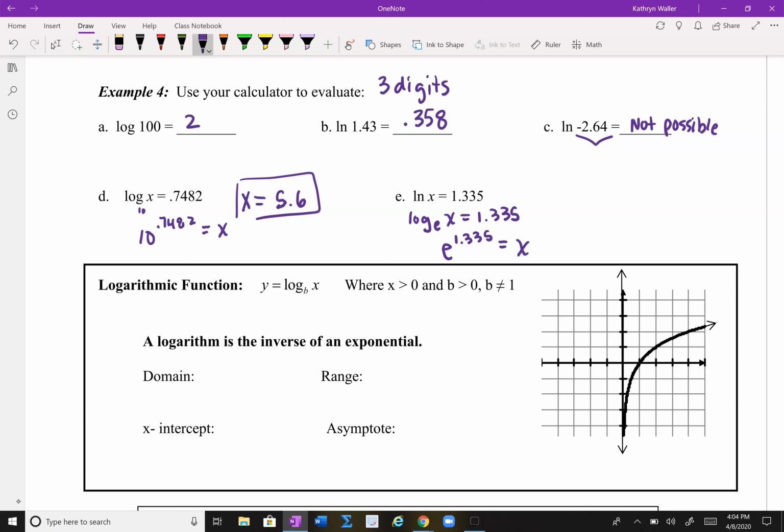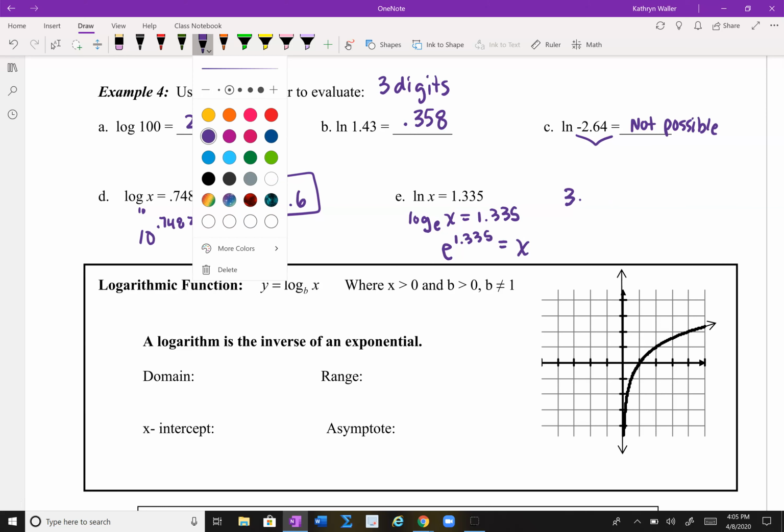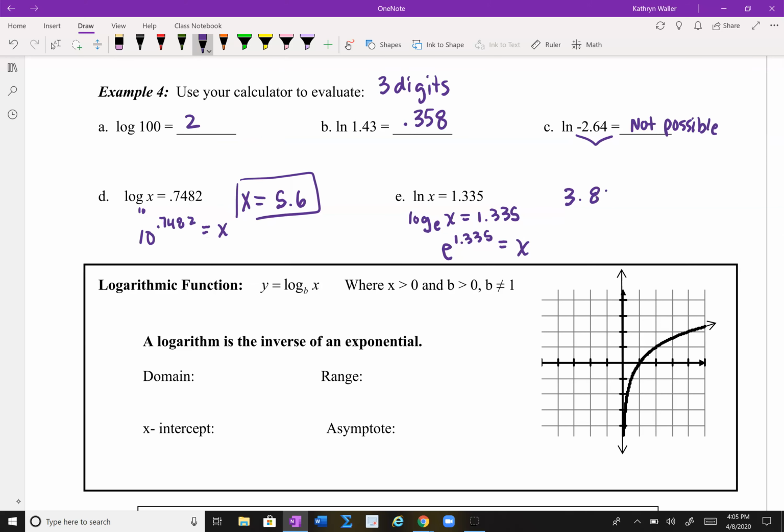And then you grab your calculator and you go second ln 1.335, hit enter, 3 digits, 3.7999. So that 9 tells you to go up. So the 799 goes to 800. So it's really 800, but we already talked about the fact that those zeros aren't necessary. Put them or don't, it doesn't matter.